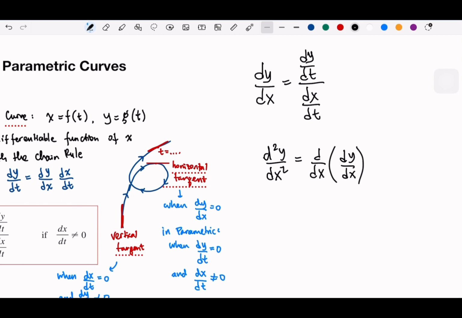So this means we take d dt of dy dx, and then over dx dt. So this will be the second derivative.